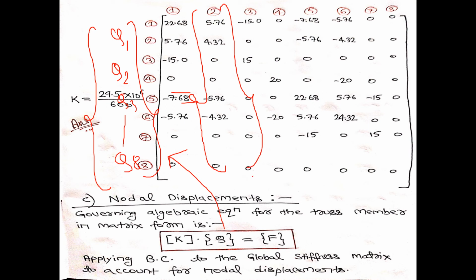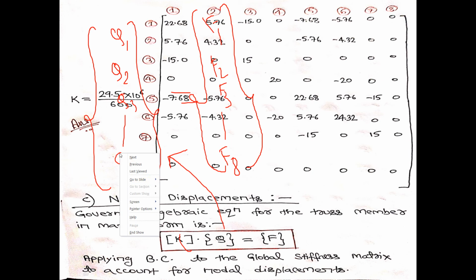Then the force vector which I will get is an 8 cross 1 matrix, that is F1, F2, F3, likewise till F8. That means the K matrix is this matrix, into the Q matrix, is equal to the F matrix. Is it clear? Any doubt so far? No, sir, no doubt.